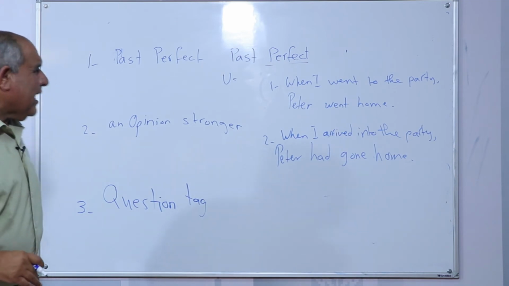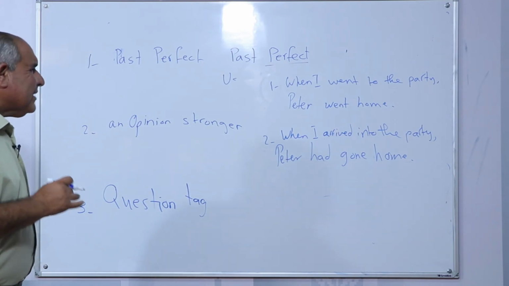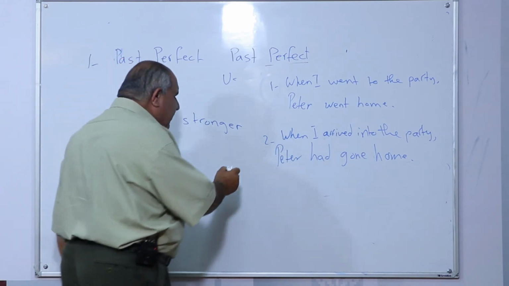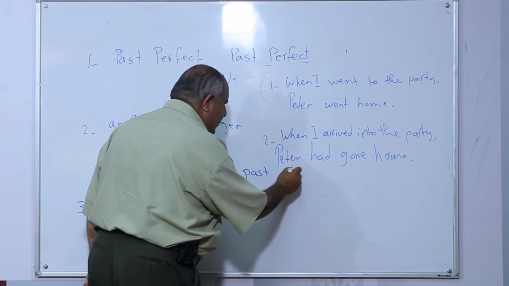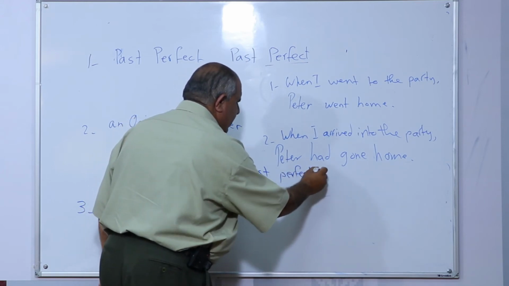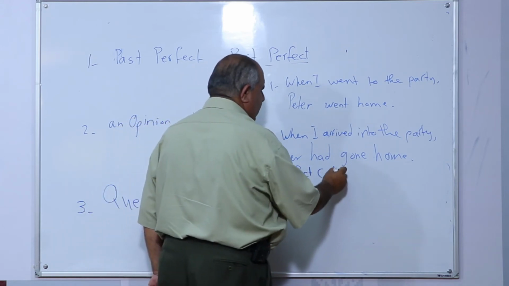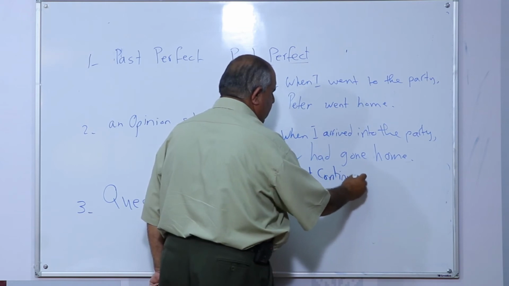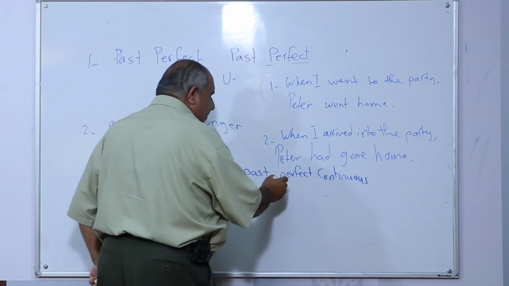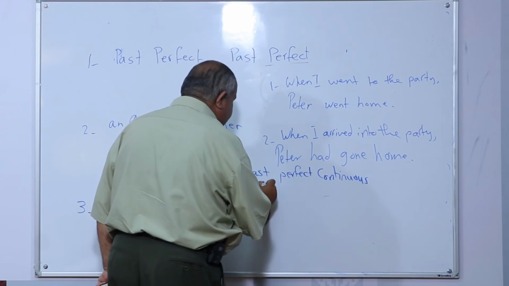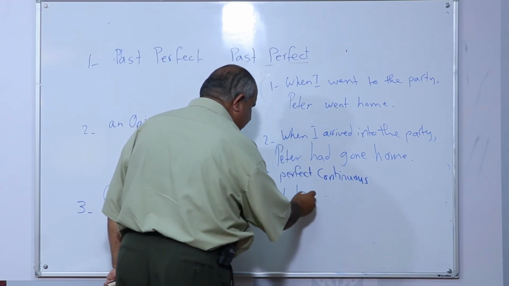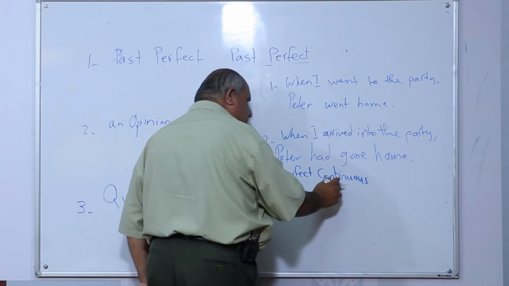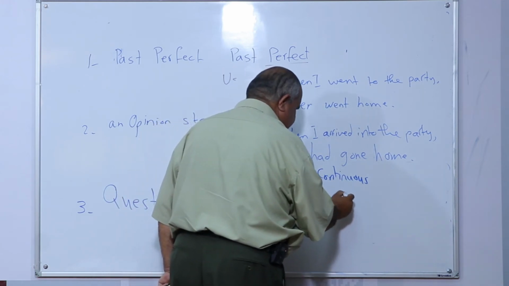Now, talking about the past perfect might lead us to talk about the past perfect continuous. We mean by it the past perfect, which is made of had, then been, this is the past perfect, and then continuous, the verb plus ing.